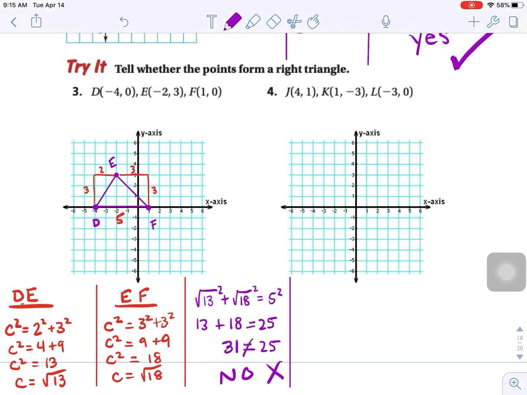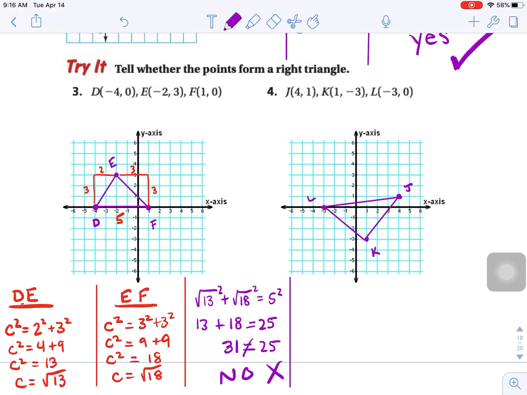All right, same idea for problem 4. All right, so I can plot my points. J is at 4, 1. K is at 1, -3. And L is at -3, 0. All right, here I don't know any of my sides.